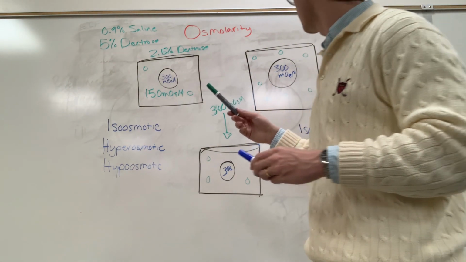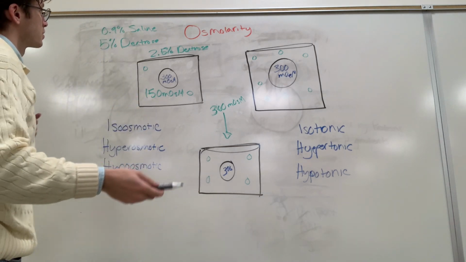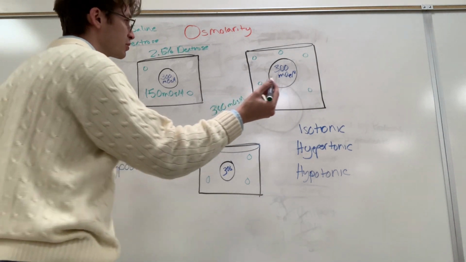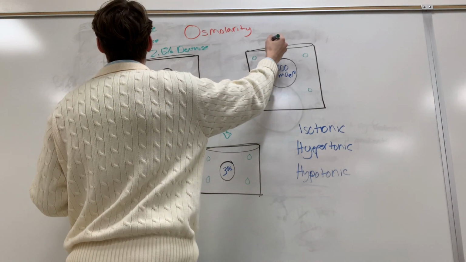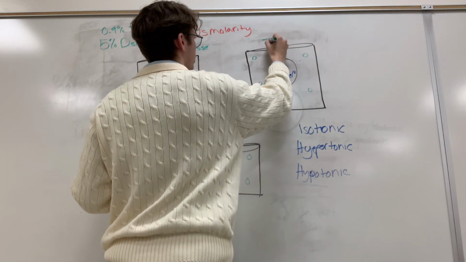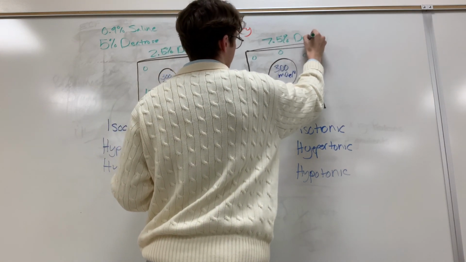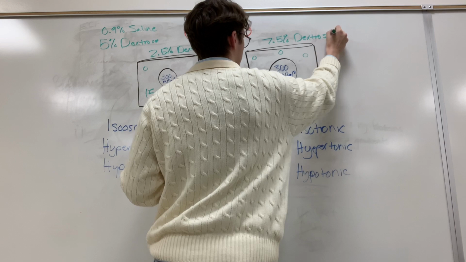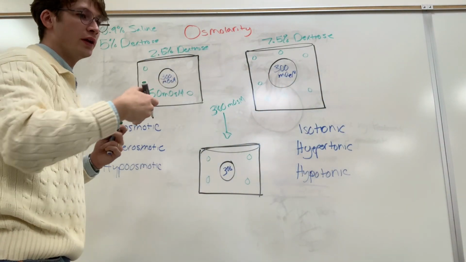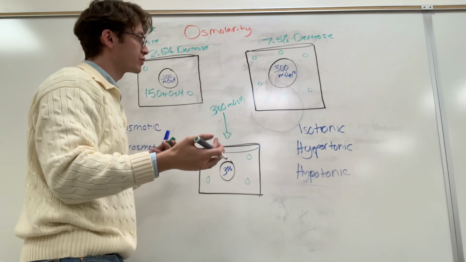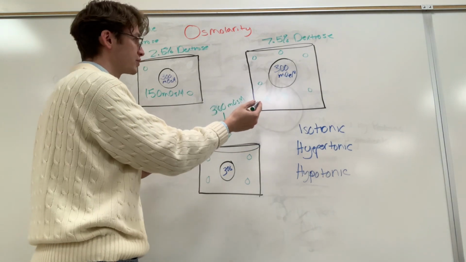Now, over here, say we were to put a 6% dextrose, or let's say a 7.5% dextrose. Now, what we've done is we've put a solution into our extracellular fluid that has a higher concentration than that of the cell itself.